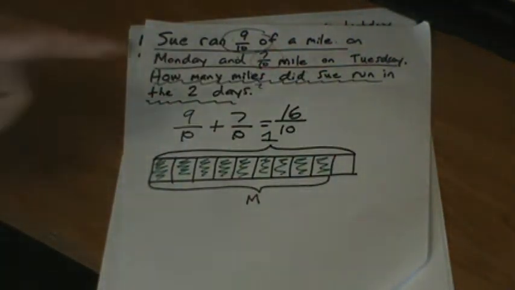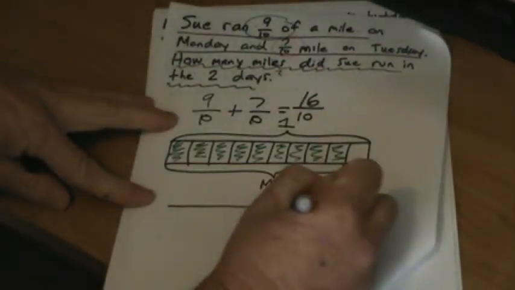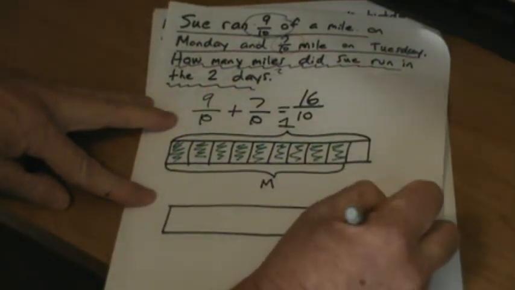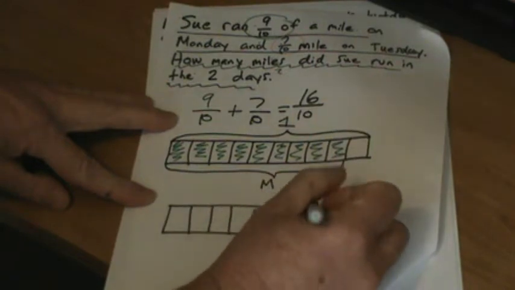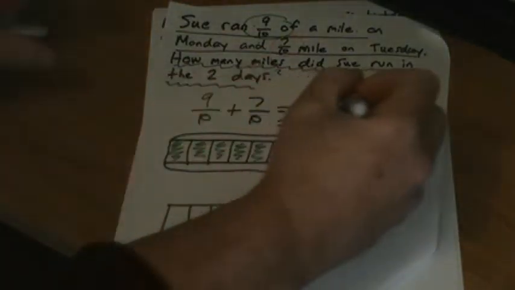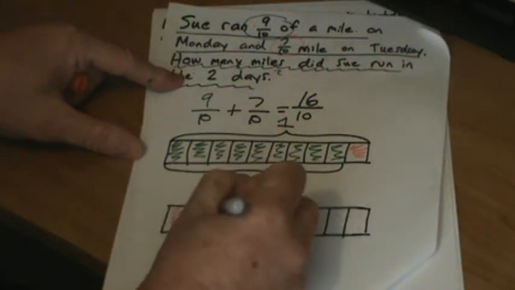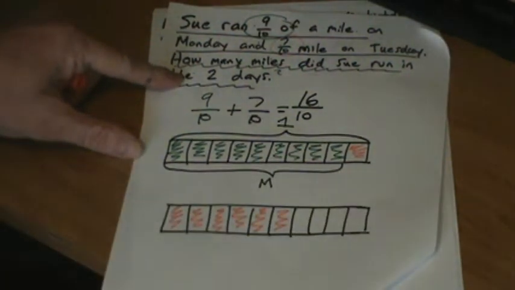So now let's add on the 7/10, okay? I'm going to make another. We'll go 1, 2, 3, 4, 5, 6, 7, 8, 9, and 10. And let's add on with 7/10. Tuesday. 1, 2, 3, 4, 5, 6, and 7.